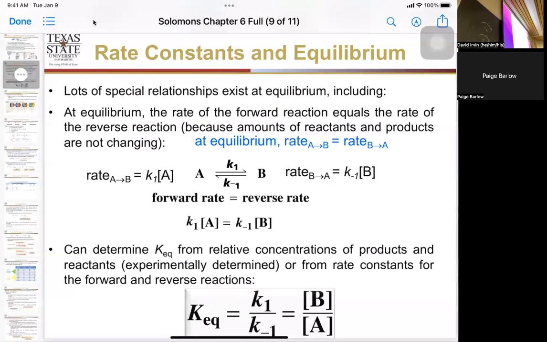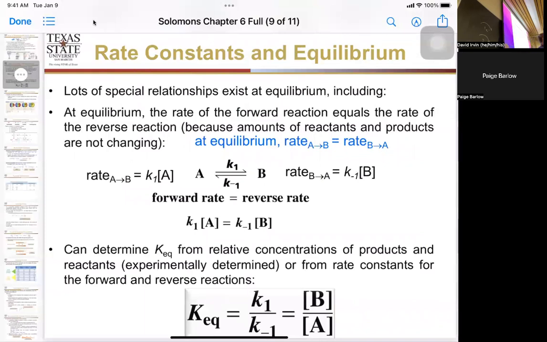Okay. Now, let's think about our rate law. If we have a rate law for a second order reaction, the concentration of the two components are important, right? So as the concentration of the stuff in rate law A goes down, the speed of the reaction goes down, right? But now the concentration of these is going up. So that means the rate of the reverse reaction can speed up.